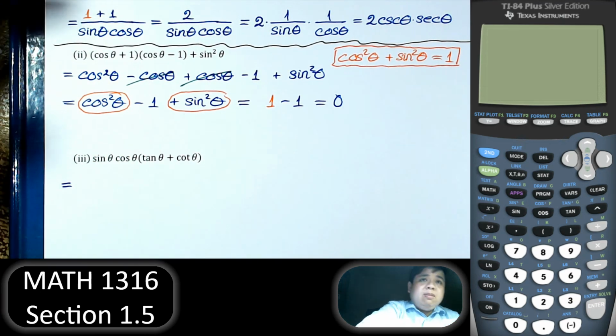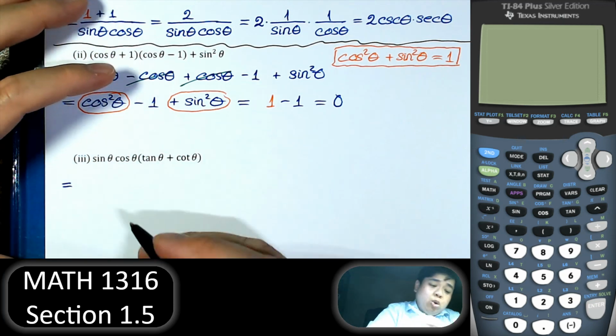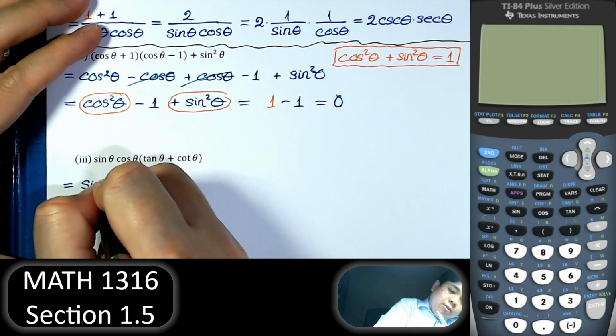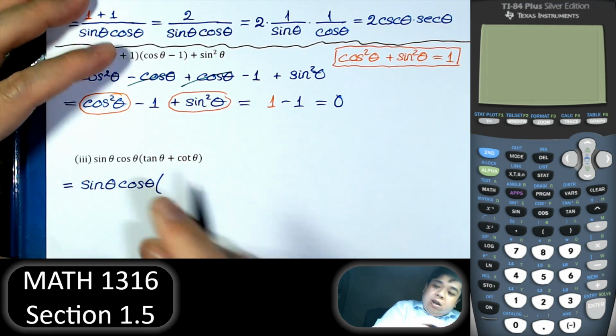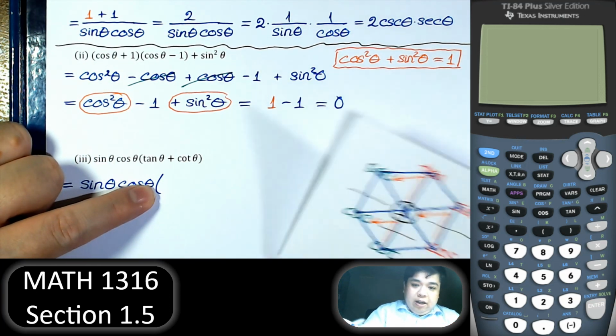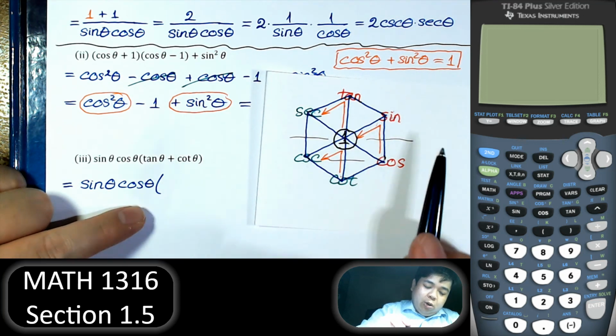Right. Like I said, if you don't know where to start, just write everything in sine cosine. That usually is a good way to start the problem. Tangent here. Tangent in terms of sine cosine is sine over cosine, right?